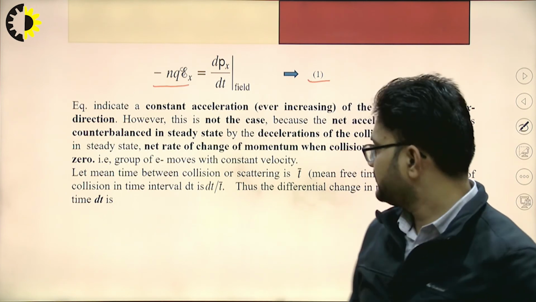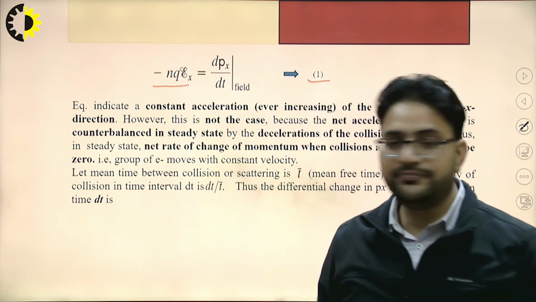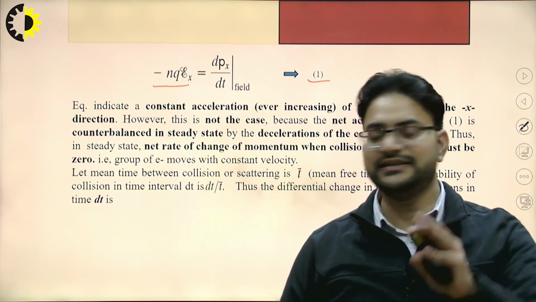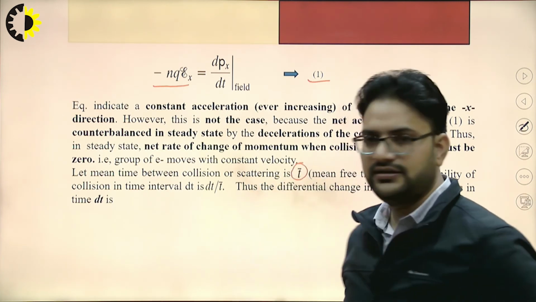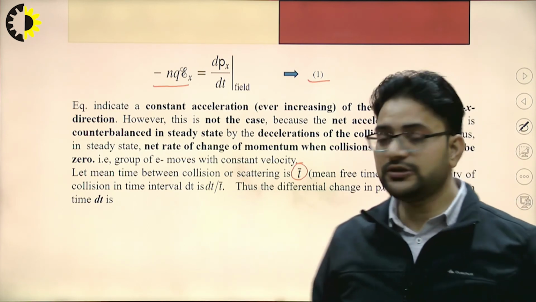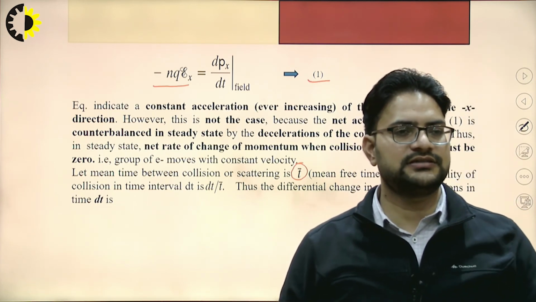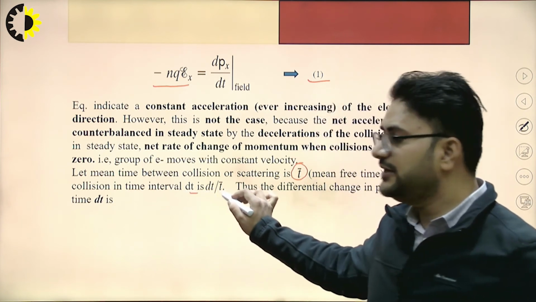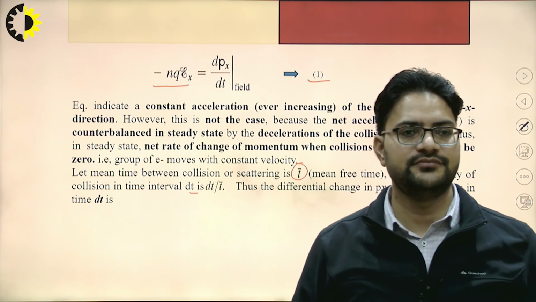So if I say the mean time between the collisions or the scattering is t, and the probability of collision in the time interval dt is dt upon t.